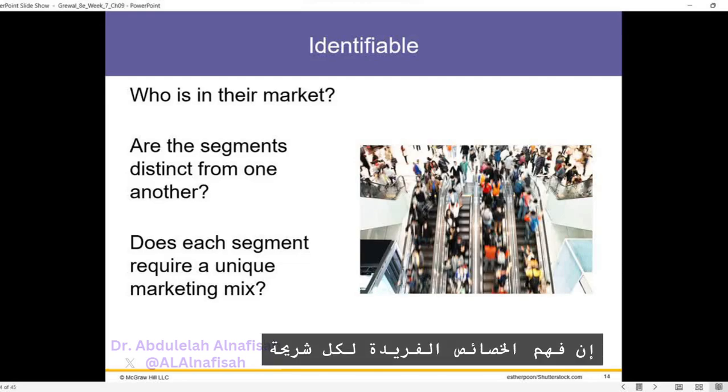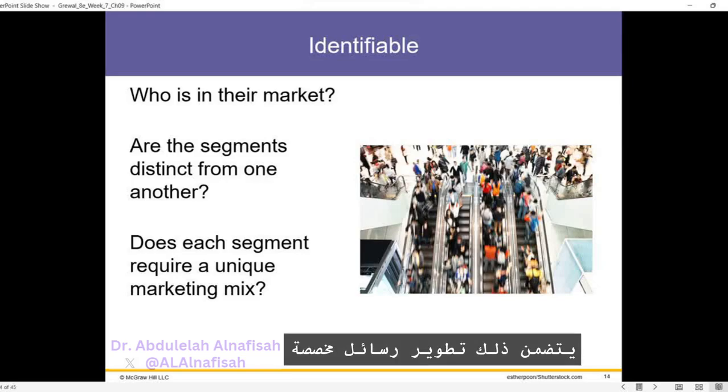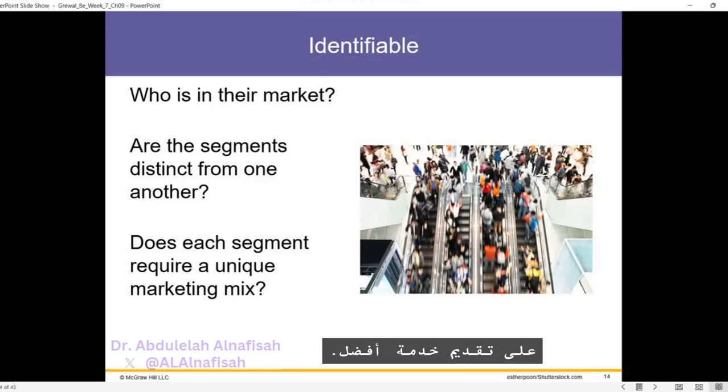Understanding the unique characteristics of each segment enables companies to create a unique marketing mix for each segment. This includes developing tailored messaging, pricing strategies, distribution channels, and promotional activities that resonate with the specific needs and preferences of each segment. This approach helps companies better serve their target market and increase their competitiveness by providing customized solutions and experiences.